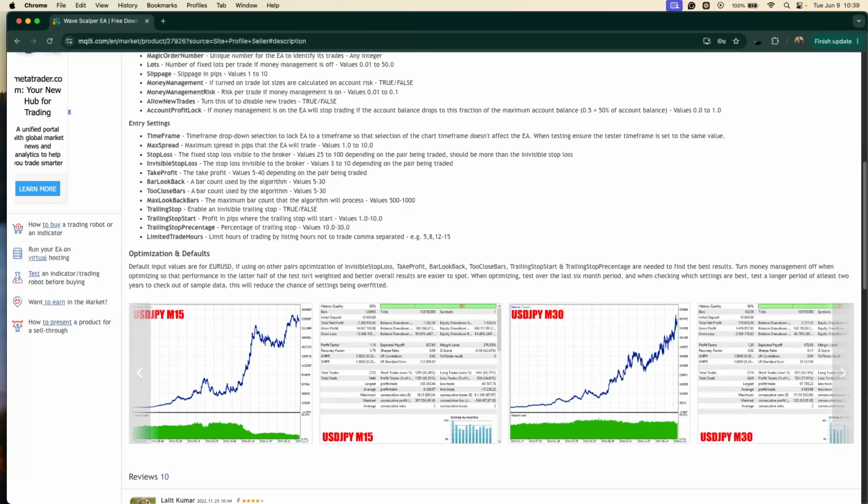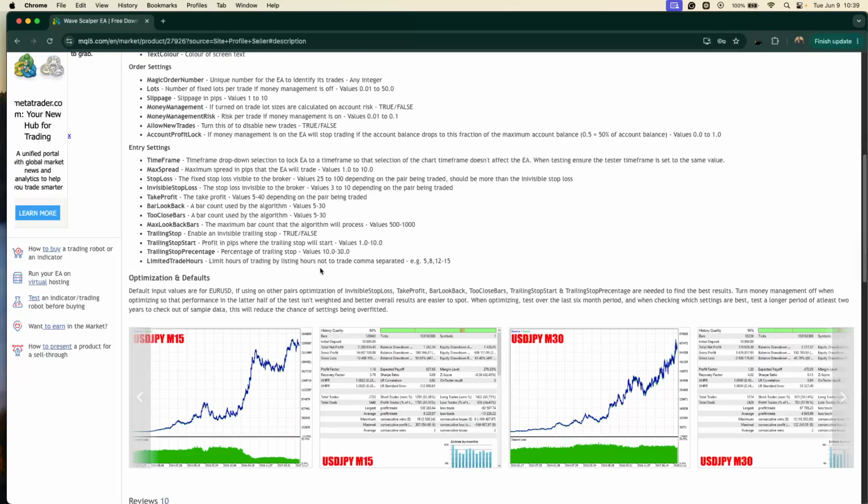The realistic verdict for me is that it's a basic free tool that requires work to make viable. Nuances include the high sensitivity to spreads and execution, the potential for larger drawdowns in live trading than the short test shows, and also curve fitting risks if over optimized.